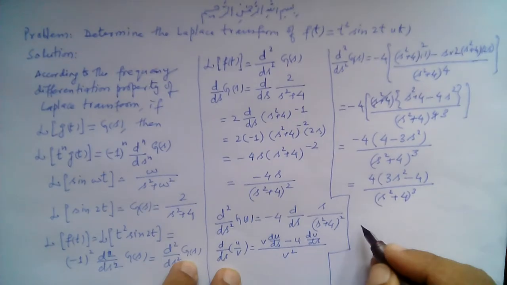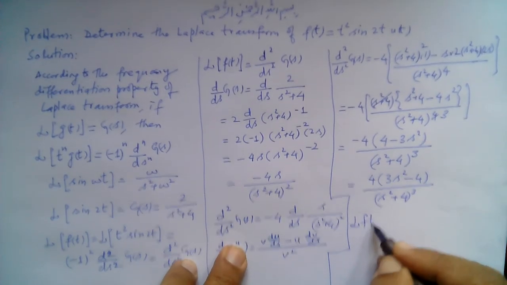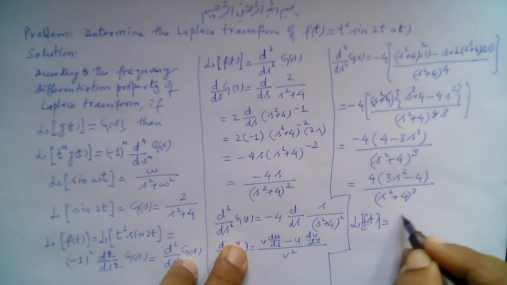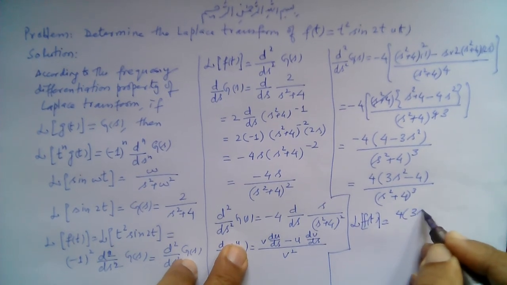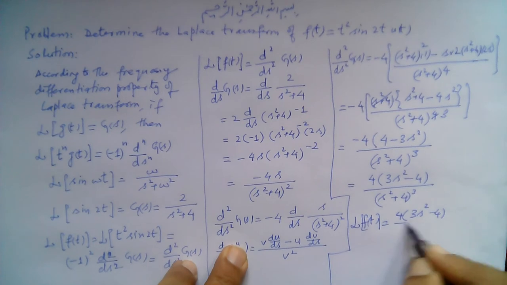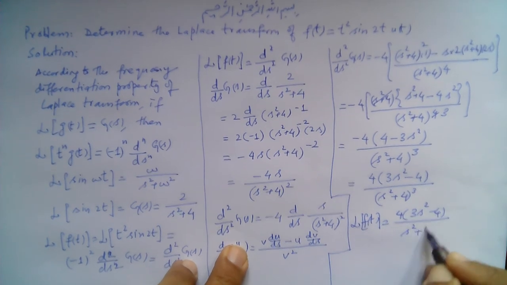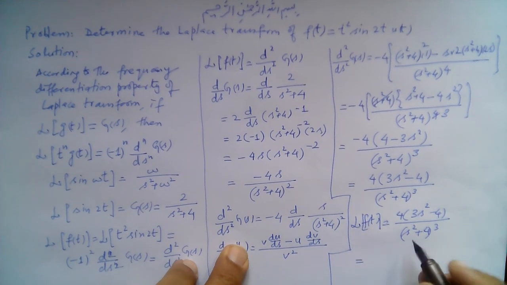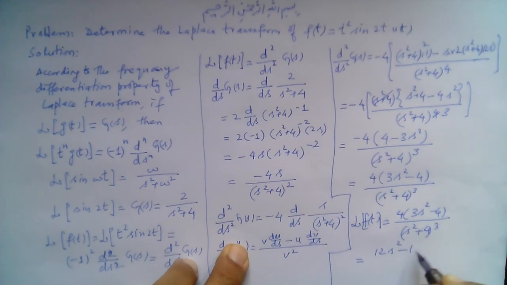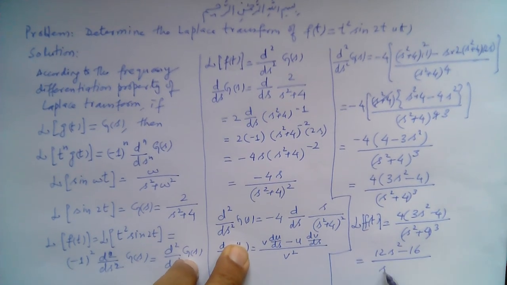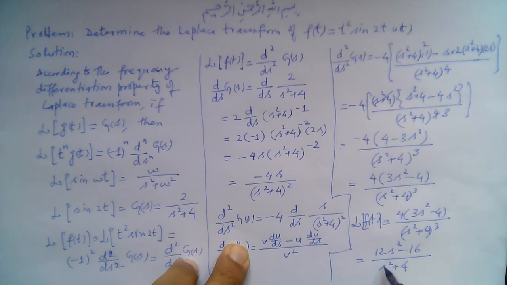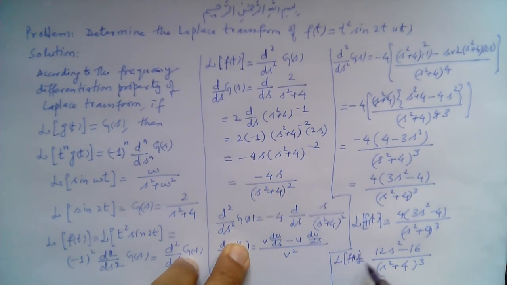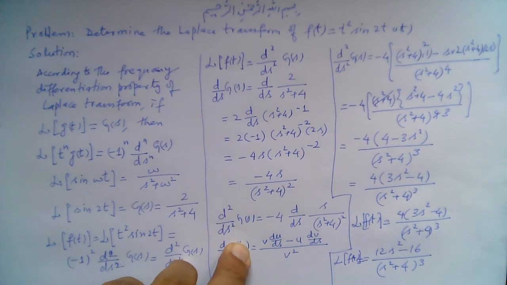So the Laplace transform of the given function f(t) is 4(3s² - 4) divided by (s² + 4)³, or this can also be written as (12s² - 16) divided by (s² + 4)³. So this gives us the Laplace transform of the given function.